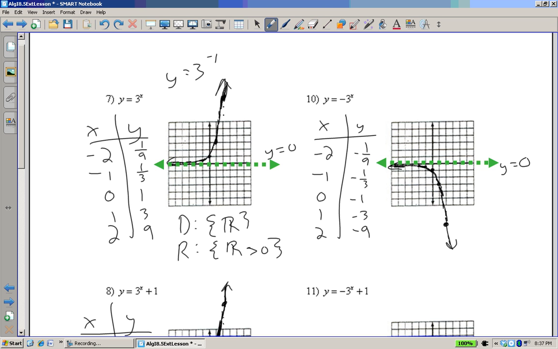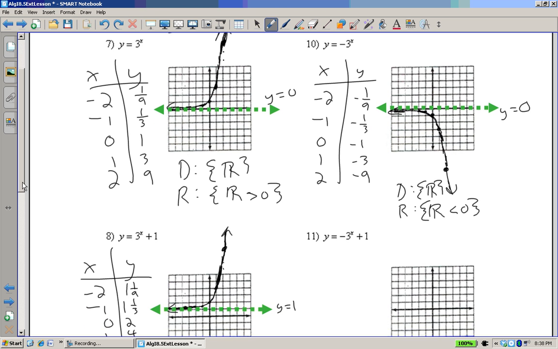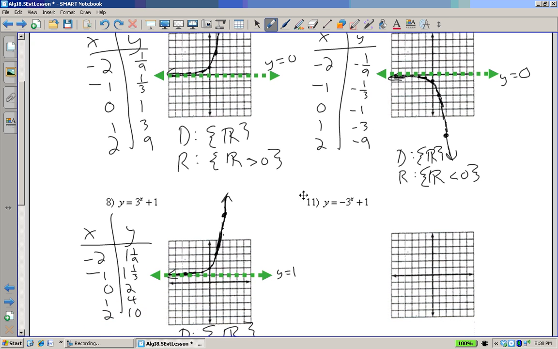Y equals 0. The domain is going to be all real numbers. The range will be all real numbers less than 0. Alright, so we're going to take these values and add 1 to them.